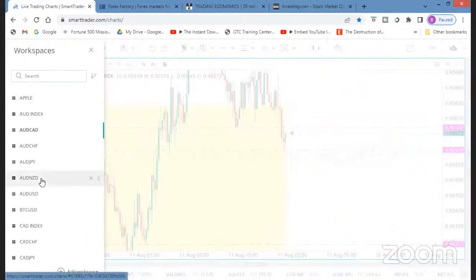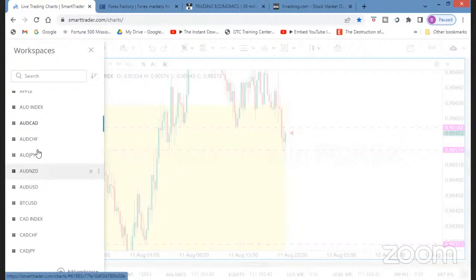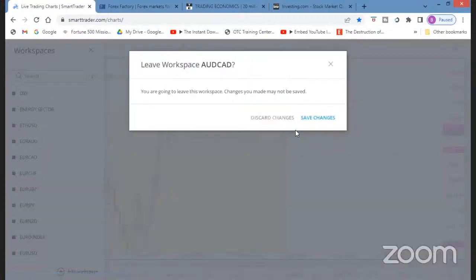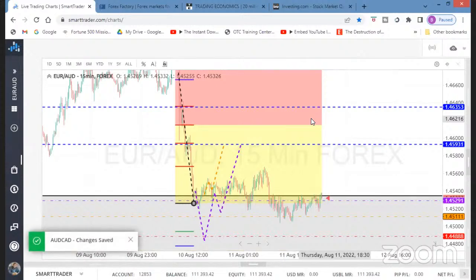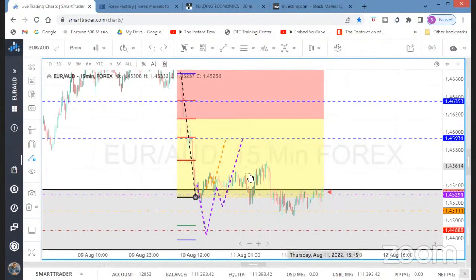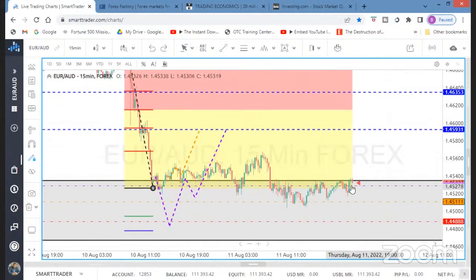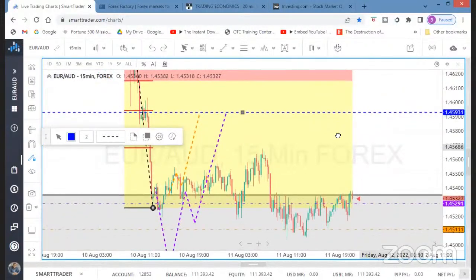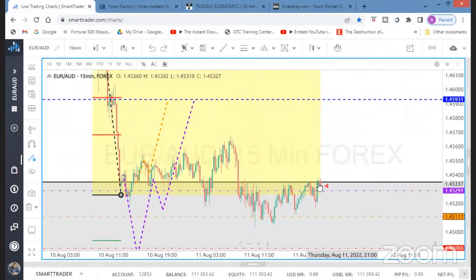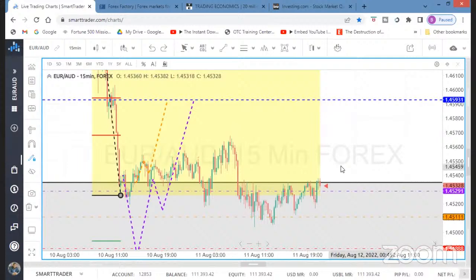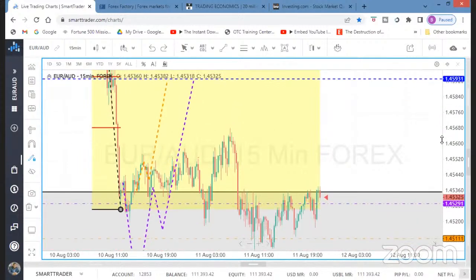All right, the next one is, we talked about this one before, but continuing with this Aussie theme, just continuing to watch this Euro Aussie pair. We started to get a little push up. Okay, nice bullish candle there on the 15-minute.